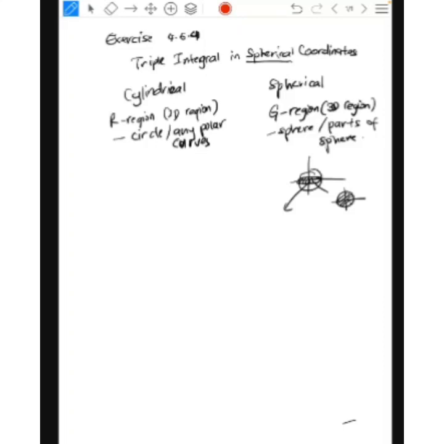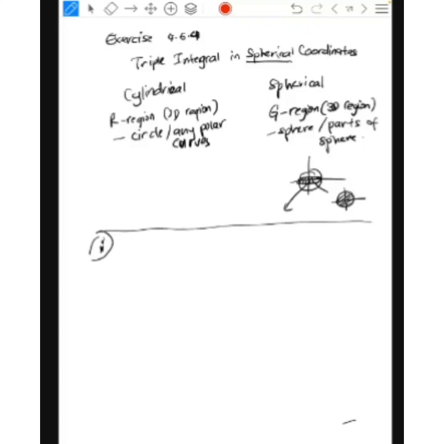However, spherical coordinates are much easier than cylindrical if you want to solve for the volume of a sphere. Sometimes you can use both to solve for the volume. The difference is whether it is easier or harder for you to solve.